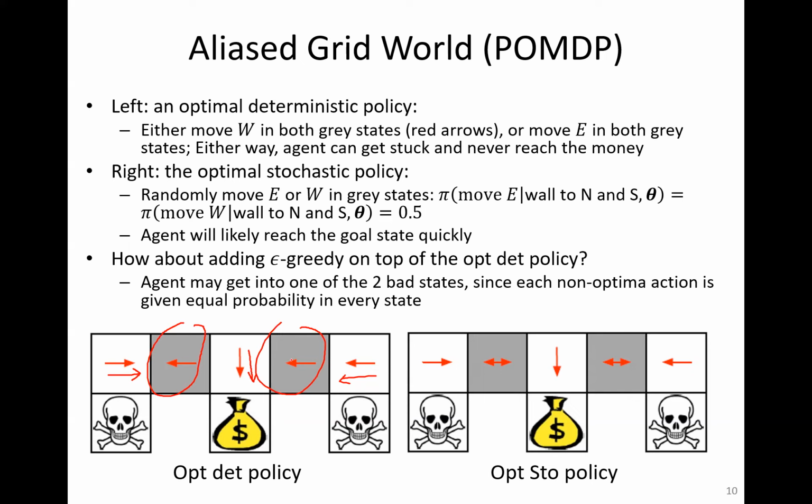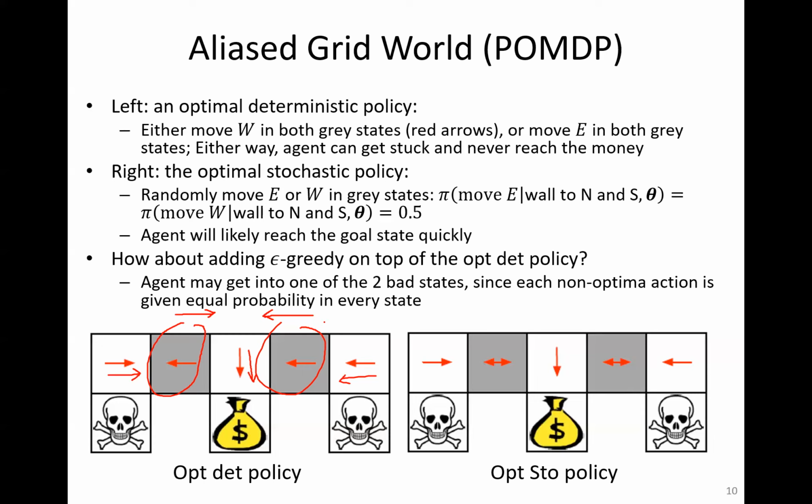Which way do you turn? Ideally, you want to move east in this state and move west in this state. That's the ideal condition. But you cannot do that with your limited sensing capability because you don't know exactly which of the gray states you are in. You can only detect walls in 3 directions, but you don't know whether you are in the left gray state or right gray state. That's a POMDP, not an MDP.